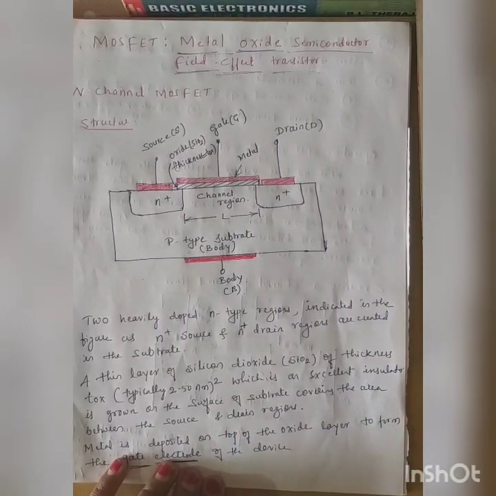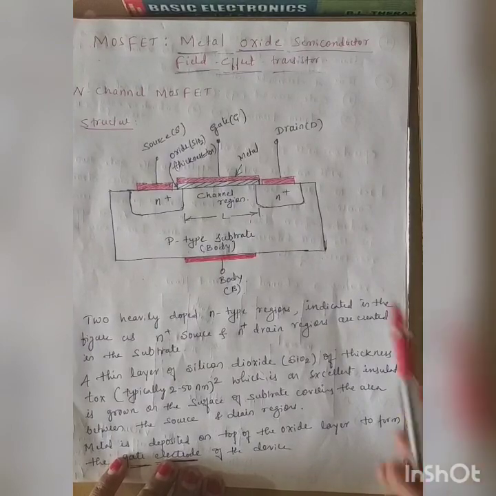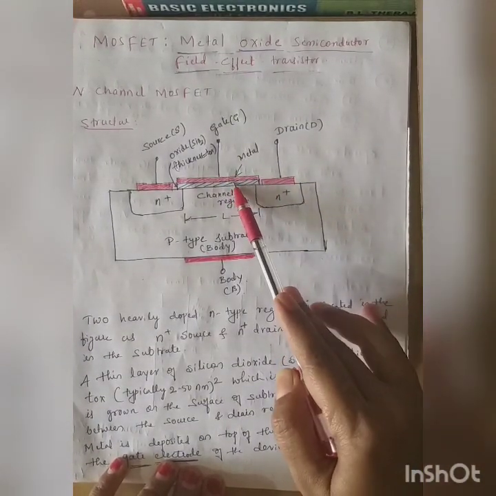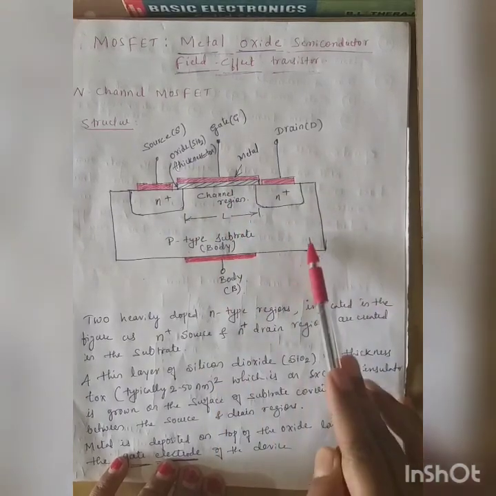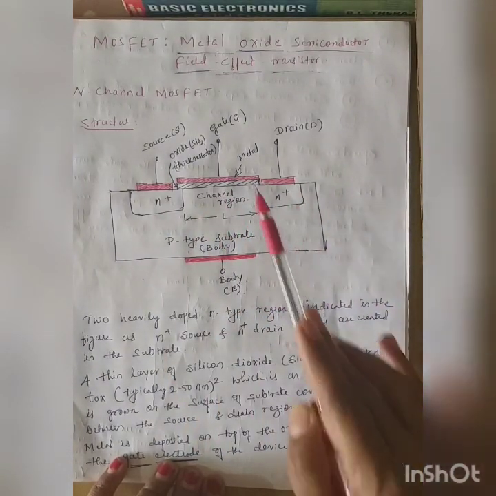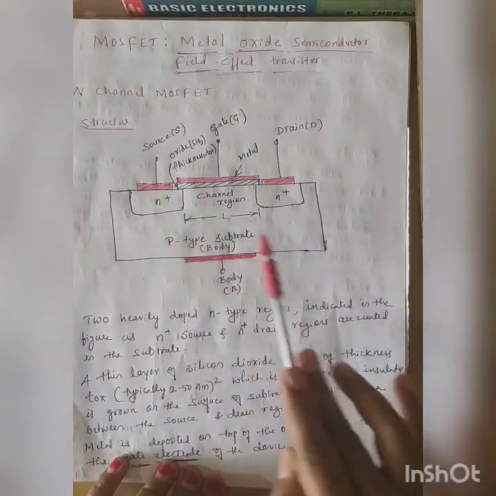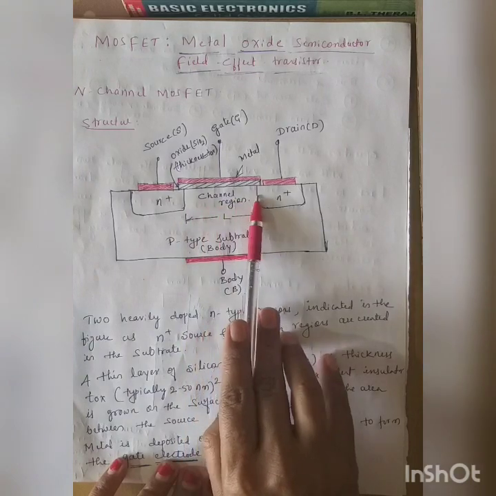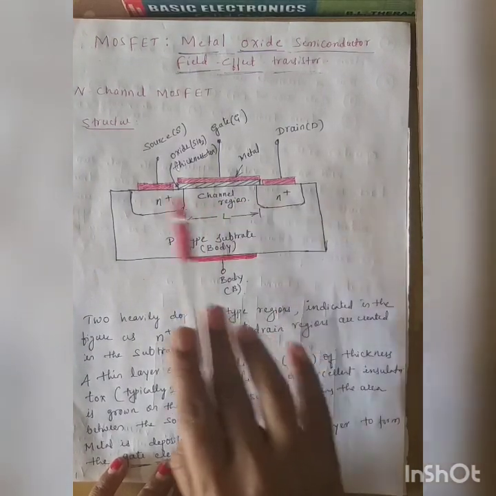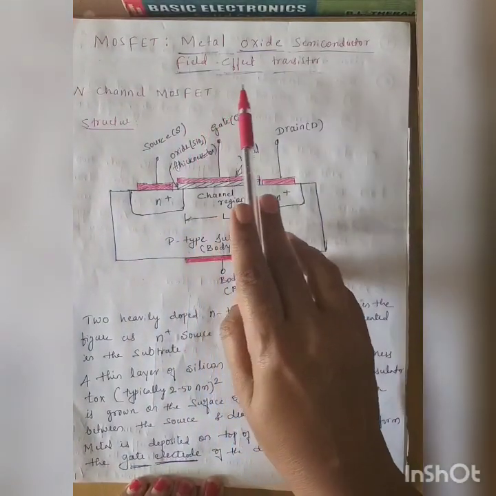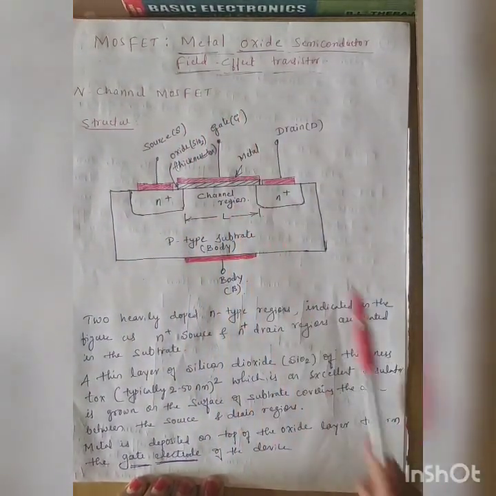So that is why it is called a metal oxide semiconductor. This is the metal, this is the oxide, and this is the semiconductor part. That is why the structure is called metal oxide semiconductor, and the channel which is going to be formed between these two regions is going to be of N type. That is why it is called an N channel MOSFET.